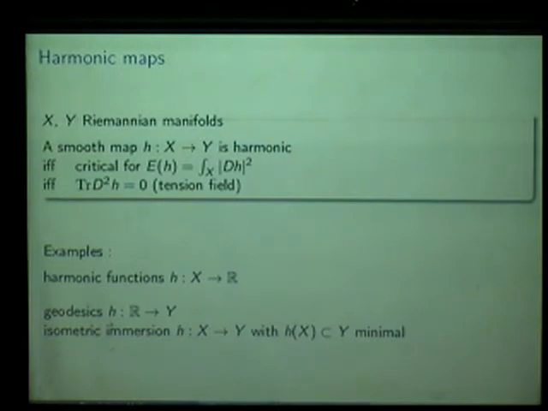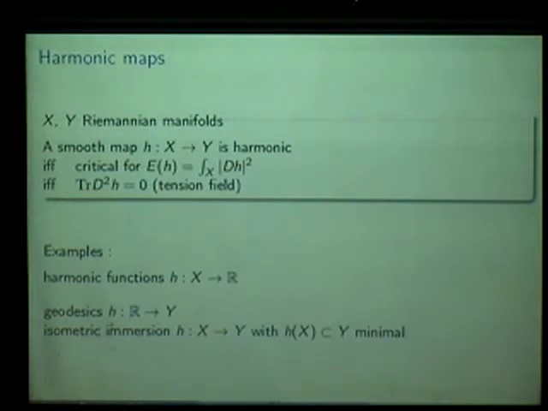So now, one of the central questions in the theory of harmonic maps is the following. You are given two Riemannian manifolds and a certain family of maps between these two manifolds. And the question is whether this family does admit a harmonic representative.